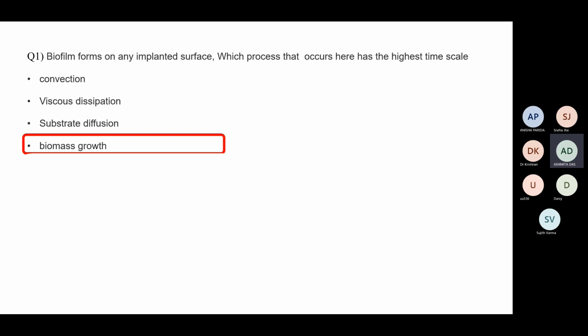So please raise your hands, whoever knows the answer. So anyone, what will be the correct answer?